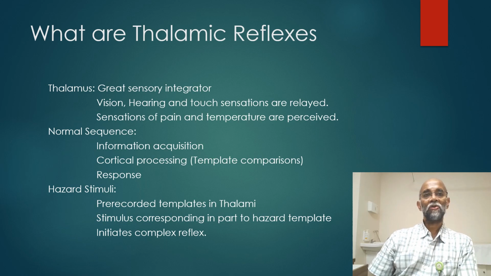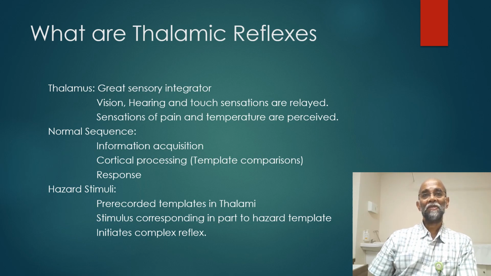This is possible because the thalamus has pre-recorded templates which suggest imminent threat. When these templates are triggered by an appropriate stimulus, a thalamic reflex is initiated. Meanwhile, the impulse moves on to the cortex, where evaluation of the threat is done.